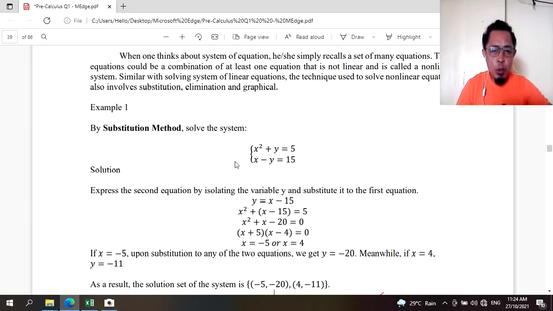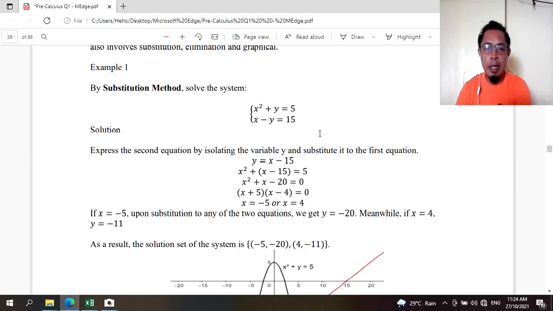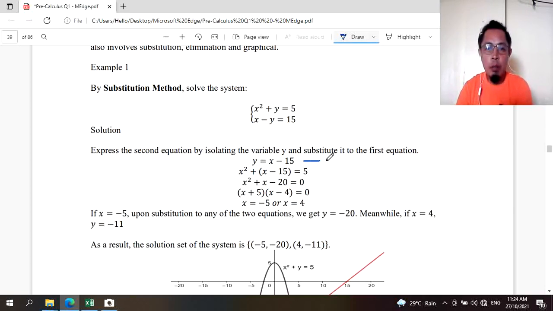Now, using this method, by just simply inspecting the given, it is simpler to work on the second equation, because we can rewrite the second equation as y equals x minus 15. Then after that, we are going to substitute this to the first equation.